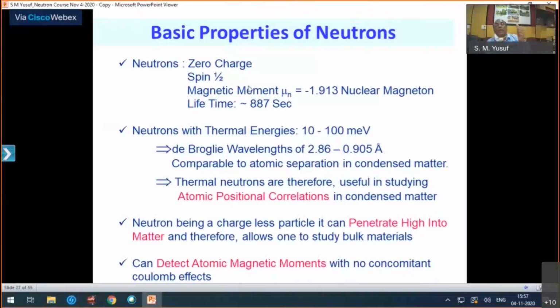And so the neutron magnetic moment interacts with those electronic magnetic moments if there are any. It means if you deal with a magnetic sample, then this will interact, okay? And that is the root cause of magnetic scattering. So in other words, we are exploiting this property, the neutron magnetic moment property.